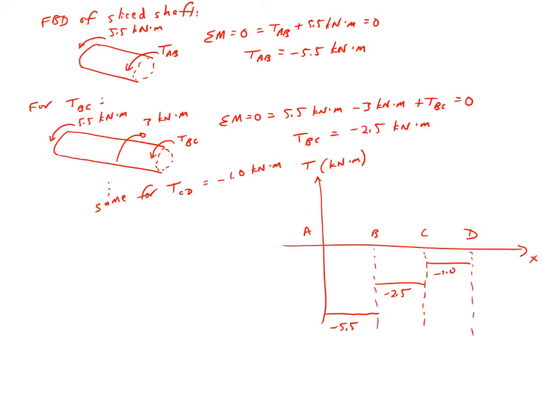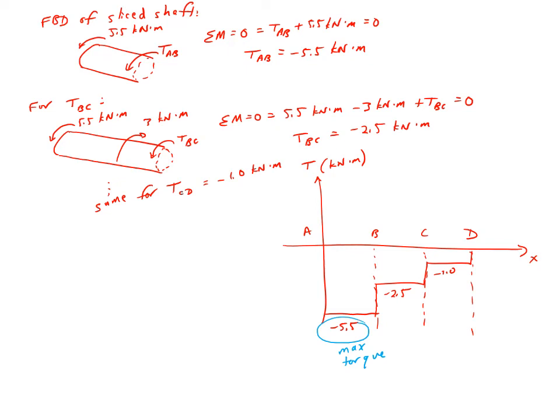Right, and what that tells me is now I know that in between A and B is going to be my maximum torque. So this right here is the maximum torque on the shaft. And I can use that now to find the maximum shearing stress, because that's what was asked for, right?